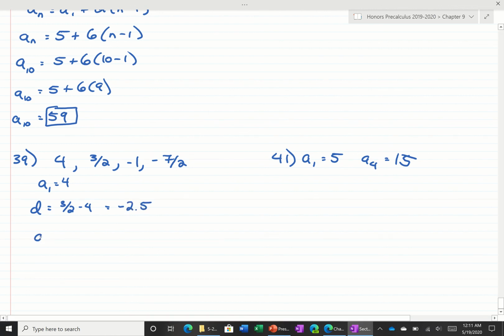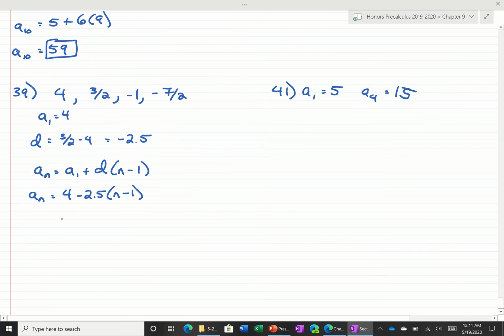So it looks like our formula here would be the first term plus the common difference times n minus 1, right? So the formula would be the first term plus the common difference times n minus 1. That would be the answer for number 39.